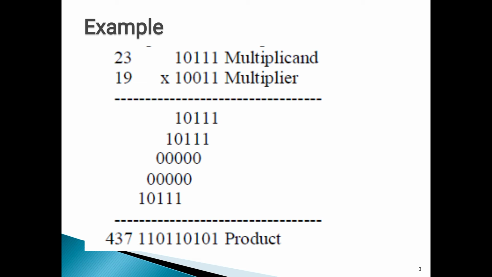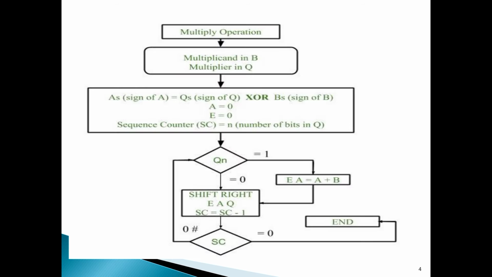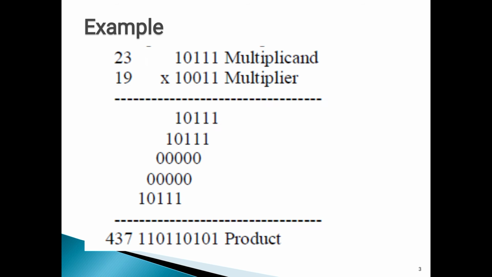Okay, so this is the multiplication operation, right? And the next one, to see this is the flowchart for multiplication operation. Right, this is the flowchart for multiplication operation. So how to perform the multiplication operation? This is the basic example for multiplication operation.